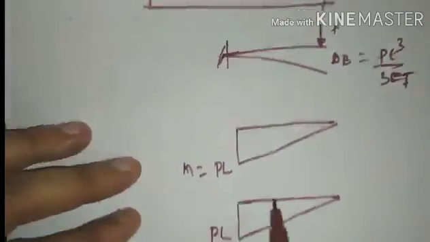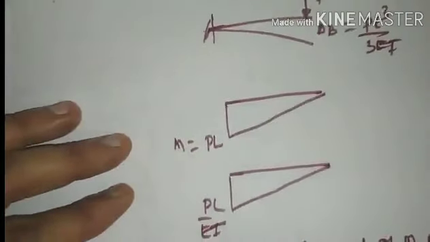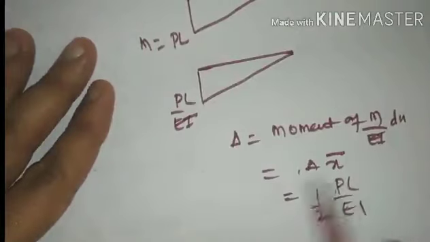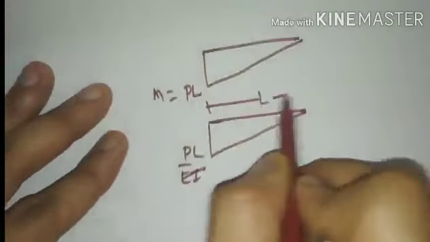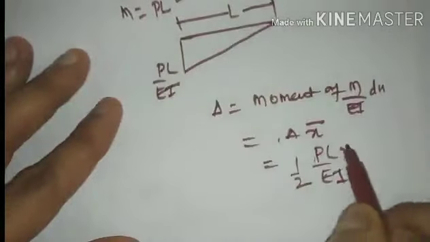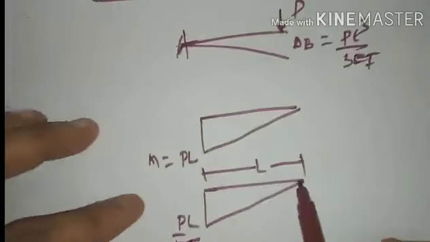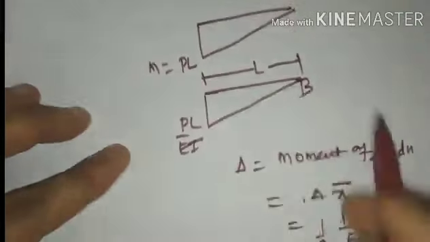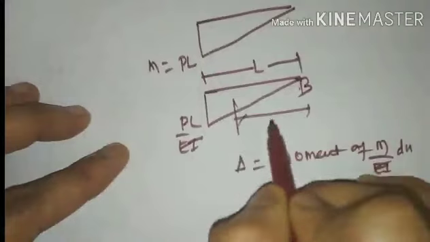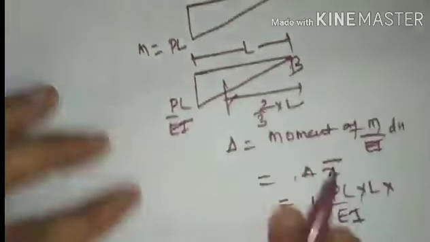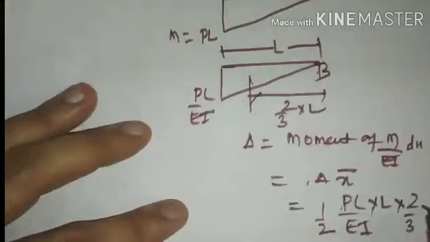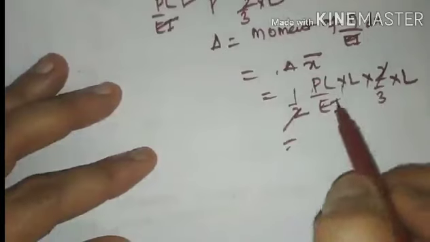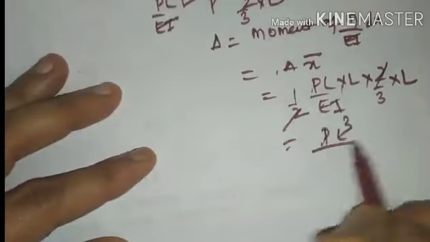Area is the area of the triangle, which is half into PL by EI, the height of the triangle, multiplied by the base of the triangle, L, into the centroid. The centroid shall be calculated from point B because you are finding the deflection at B. That centroid will be 2/3 of L. When I substitute 2/3 of L, the 2 gets cancelled and the formula will be PL cube by 3EI.